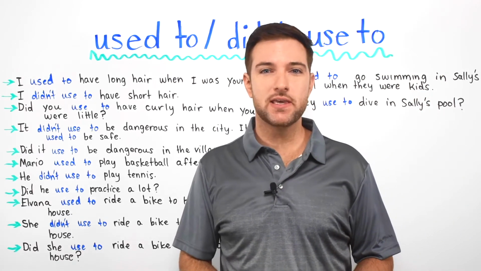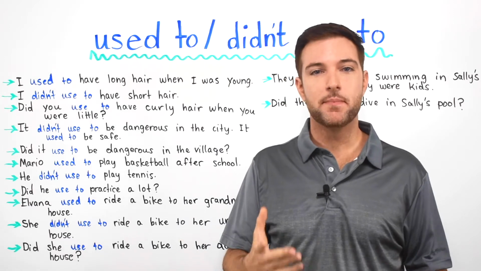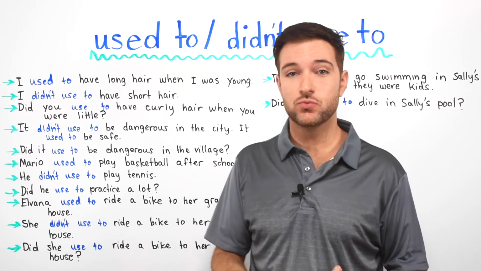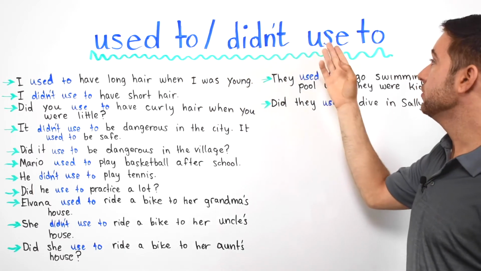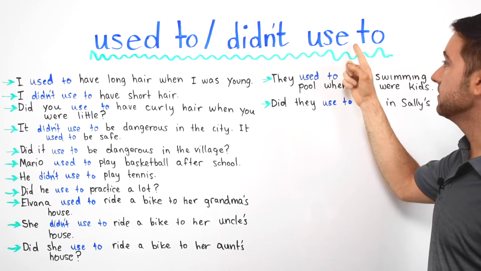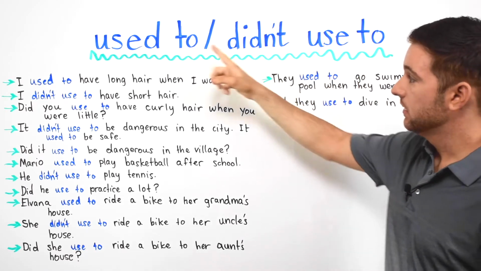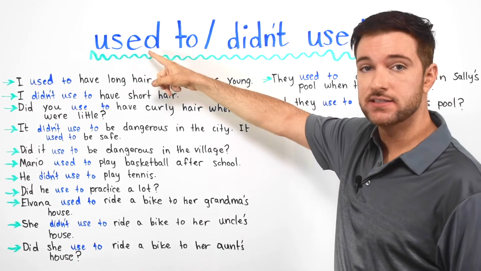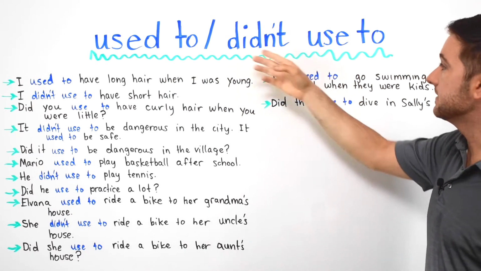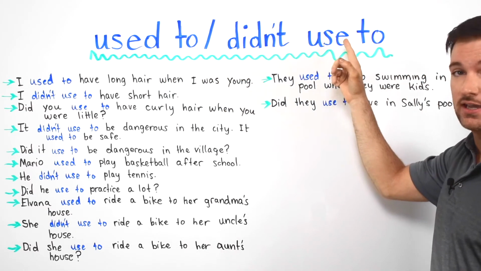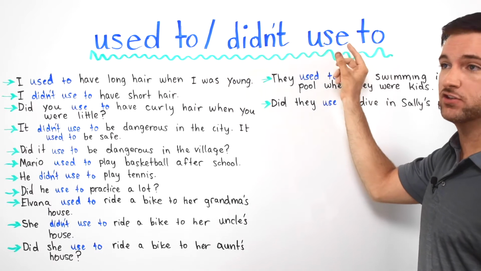Now, if you're making a negative sentence in English, make sure that you use the word didn't and then use the word use, without the letter D. There is no letter D here. In the positive sense, yes, there is the letter D at the end. Since it's negative, no, we don't have the letter D attached to it.